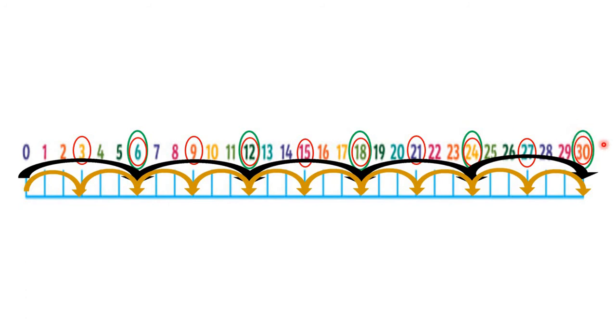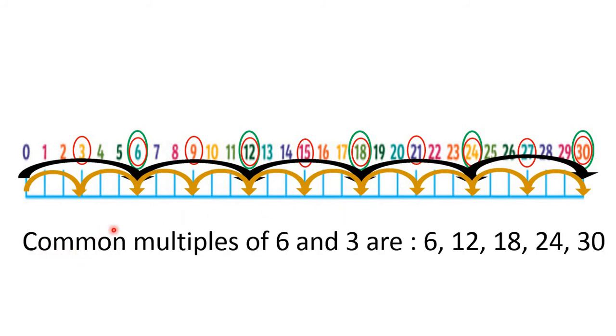So here number 6, 12, 18, 24 and 30 appear as the multiple of both 6 and 3. So you may say that these are the common multiples of 6 and 3. So write down common multiples of 6 and 3 are 6, 12, 18, 24 and 30.